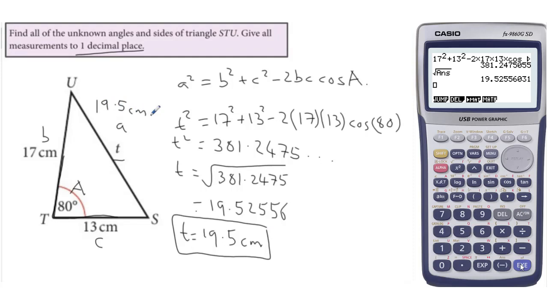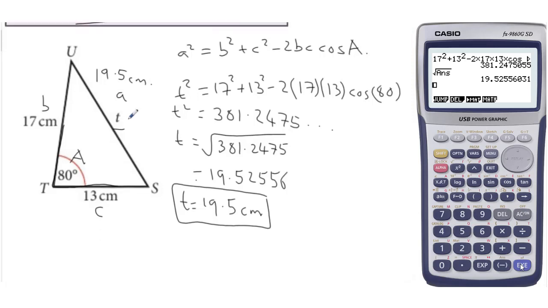Now you have a choice. Once you've got 3 sides, you could then go on to use the cosine rule, but the sine rule is usually easier. Once you've got a lot of information like this, you really could use the sine rule or the cosine rule. But I'm going to start with, we'll just look at pairs of opposite sides and angles. So you've got the 80 is opposite the side T that we've just found.